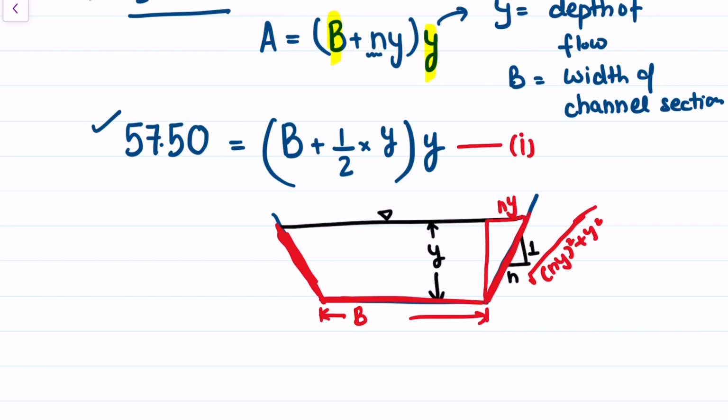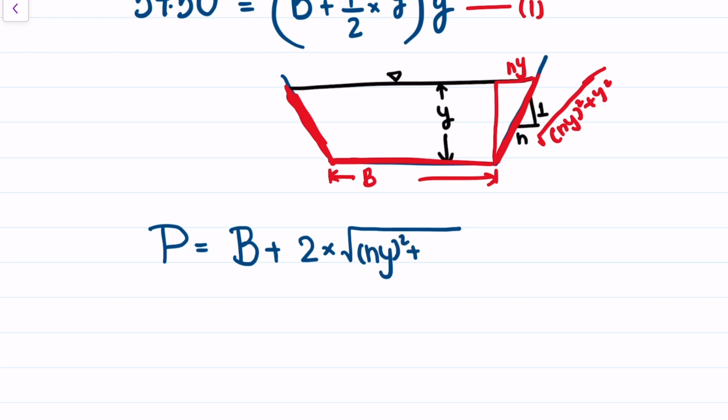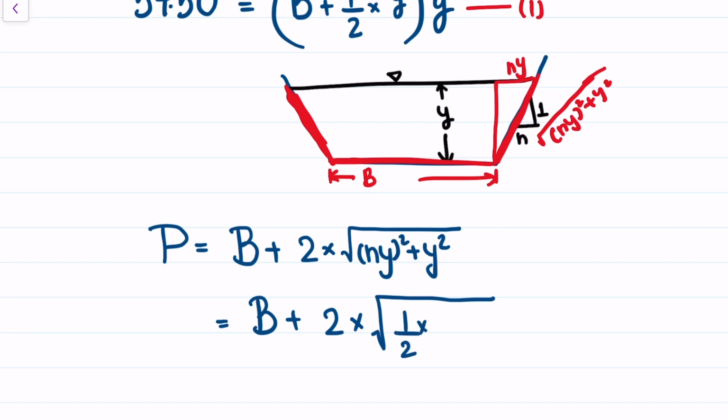So parameter P will be equal to B plus 2 into under root of n y square plus y square. In this case, n is half, so we can write b plus 2 into under root of (half into y) whole square plus y square.